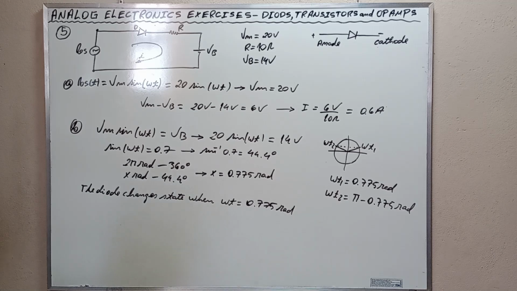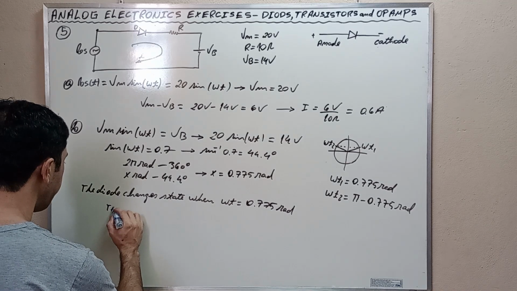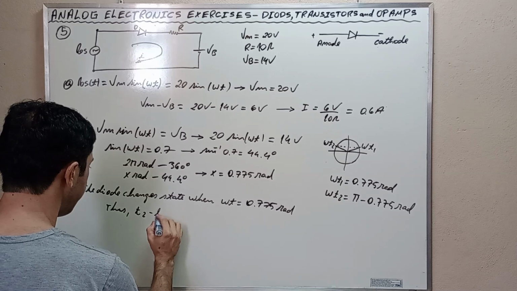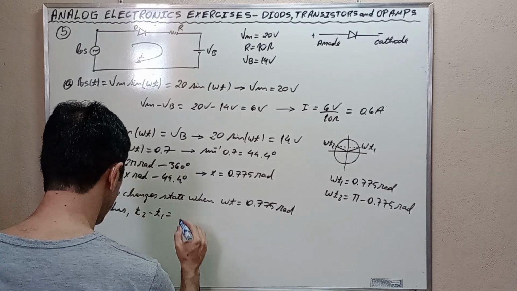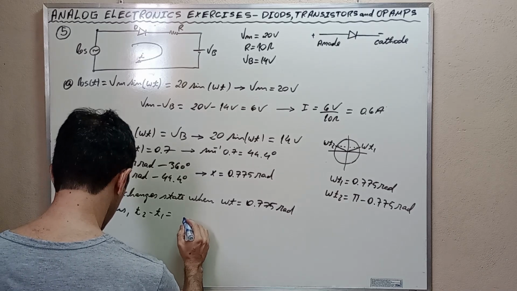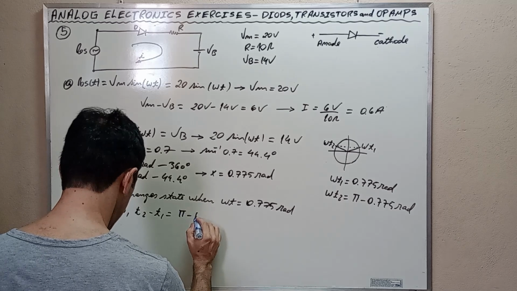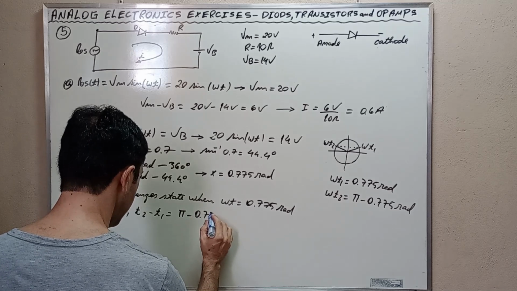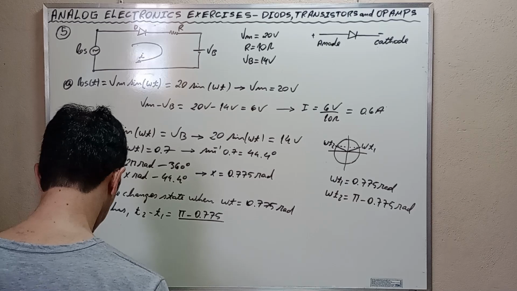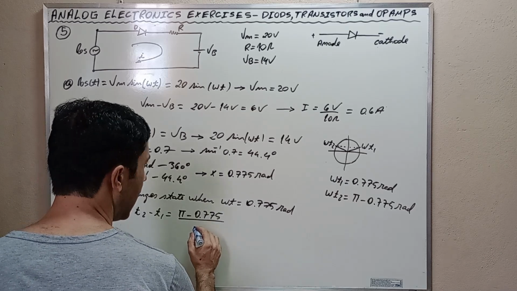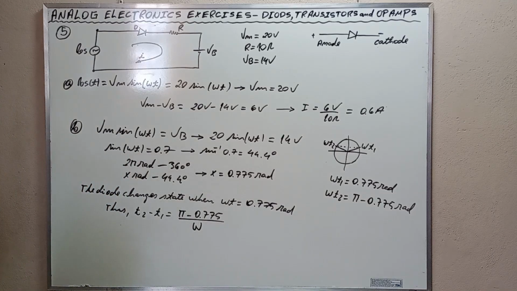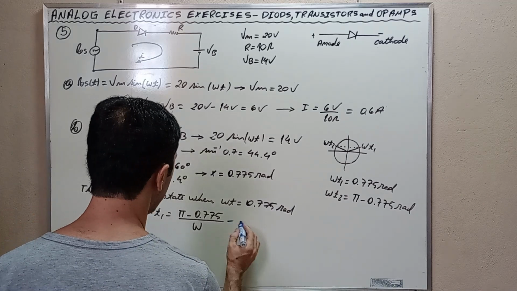Thus T2 minus T1 is going to be equal to pi minus 0.775 divided by W, minus T1.